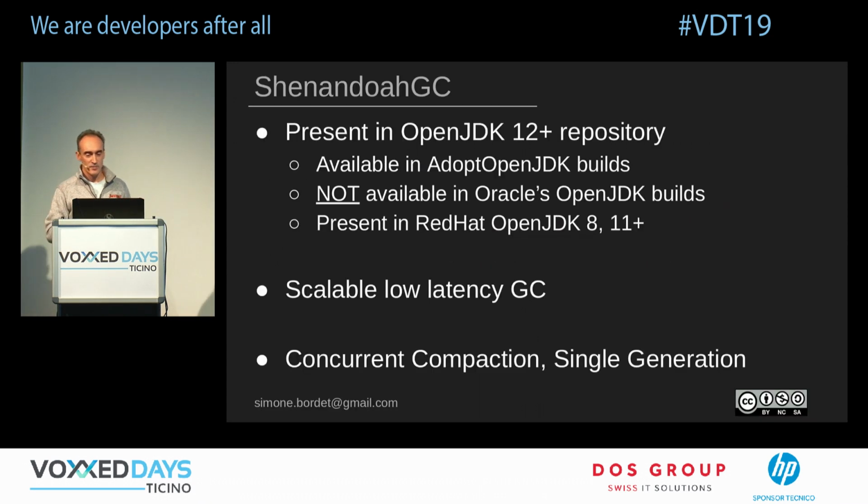Shenandoah is a project from Red Hat rather than Oracle. The source code of Shenandoah has been merged into the source code repository since OpenJDK 12. However, you can find the binary build of Shenandoah in Adopt OpenJDK, but not in the Oracle builds, okay?